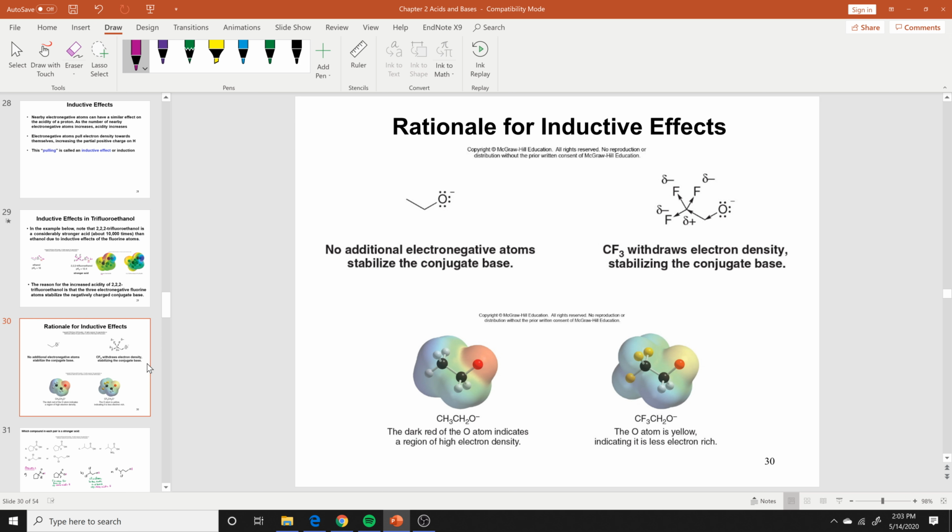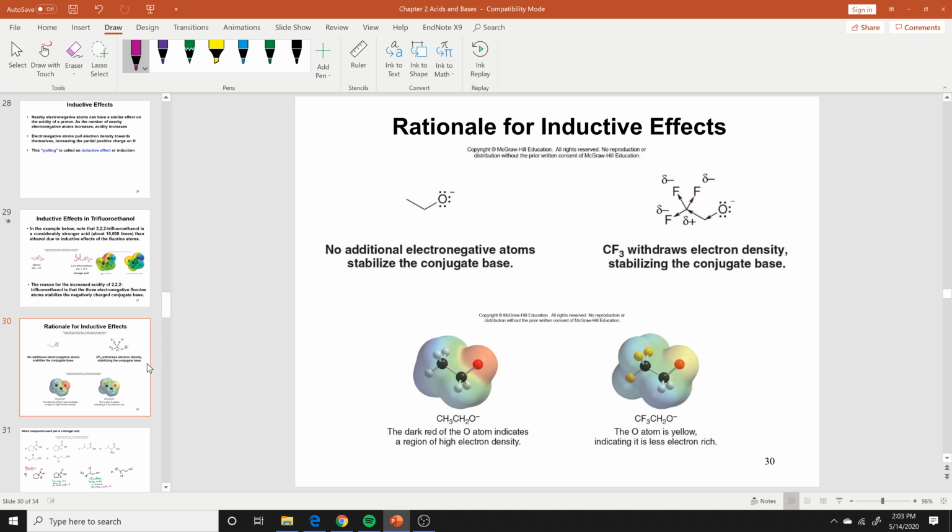Now, with respect to the fluorines, fluorines are electronegative elements. These electronegative elements withdraw electron density. This is the chemical term that we use to explain the role of the electronegative fluorine and what they do to the lone pairs on the oxygen and the electrons on the hydrogen.